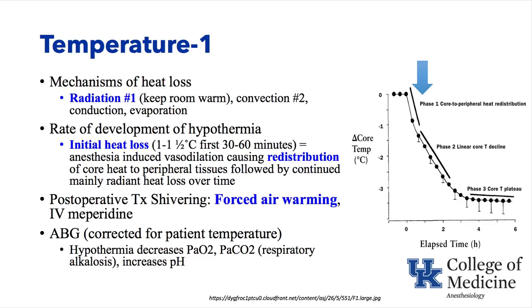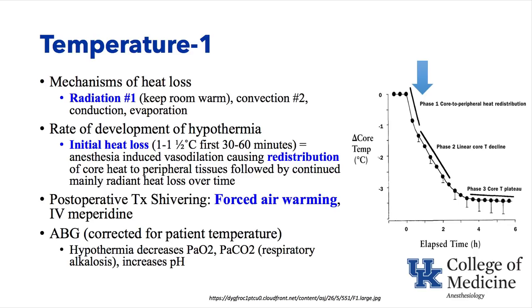Rate of development of hypothermia: as your temperature drops in a surgery, oftentimes you see a pretty big drop in the very first 30 to 60 minutes. And that initial heat loss is really due to redistribution of heat from the core to the periphery. What happens is our anesthetics cause vasodilation of blood vessels like in our extremities that are usually somewhat constricted.